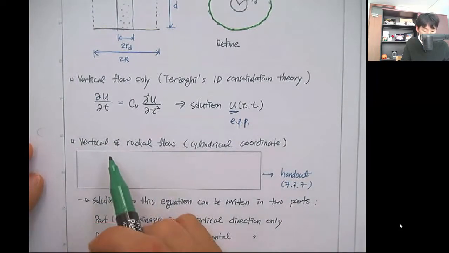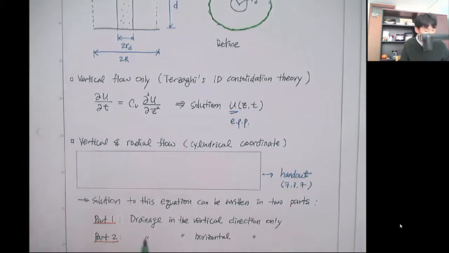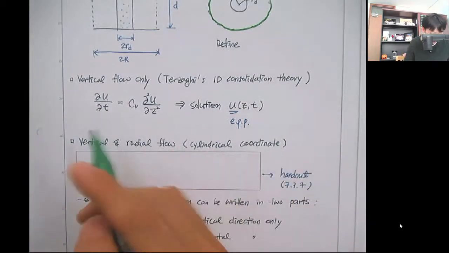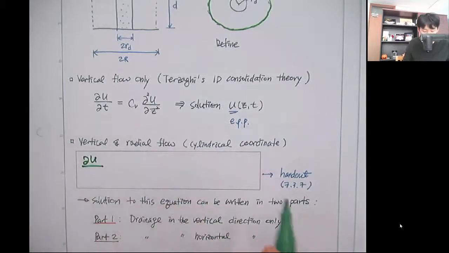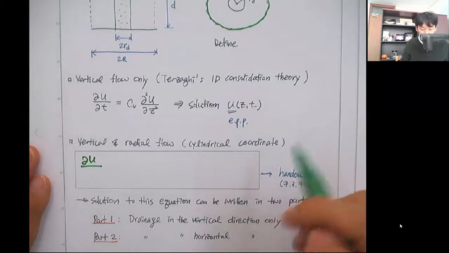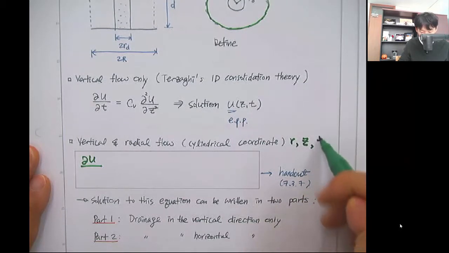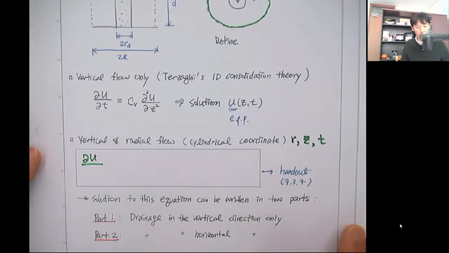When the vertical and radial flow occur at the same time, we have to use the cylindrical coordinates. So instead of just depth z, we now use r and z and the time t.